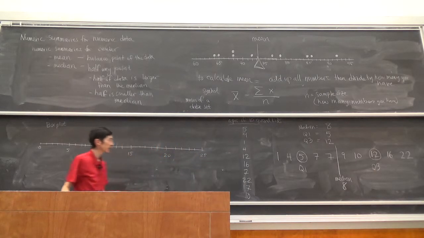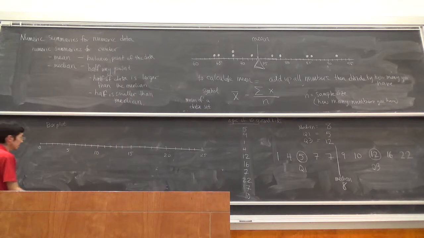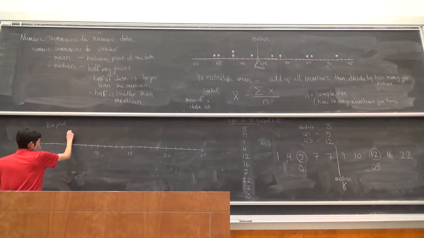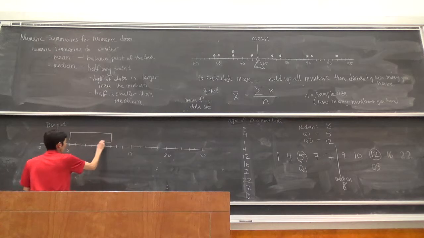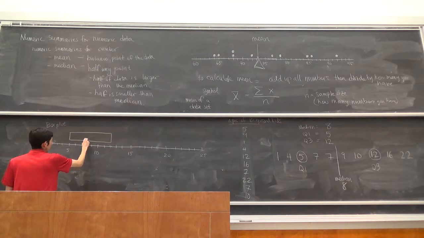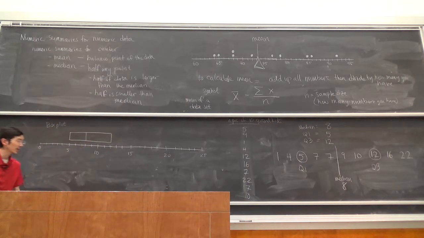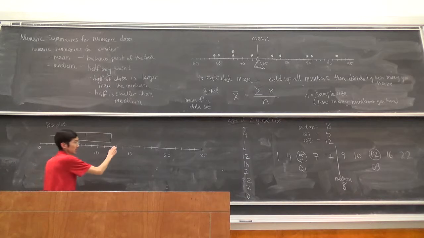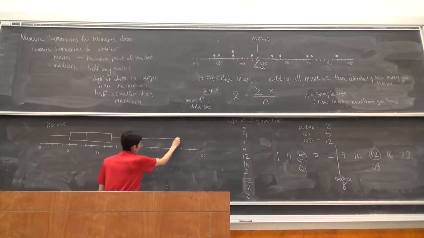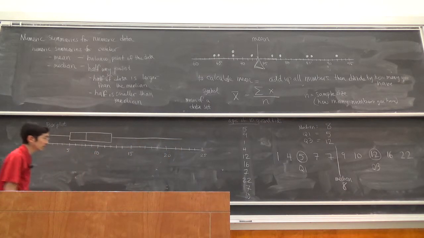Okay, a box plot, and it has a box, as we might imagine. And the box has a line going through it. And from the box we have lines extending like so.